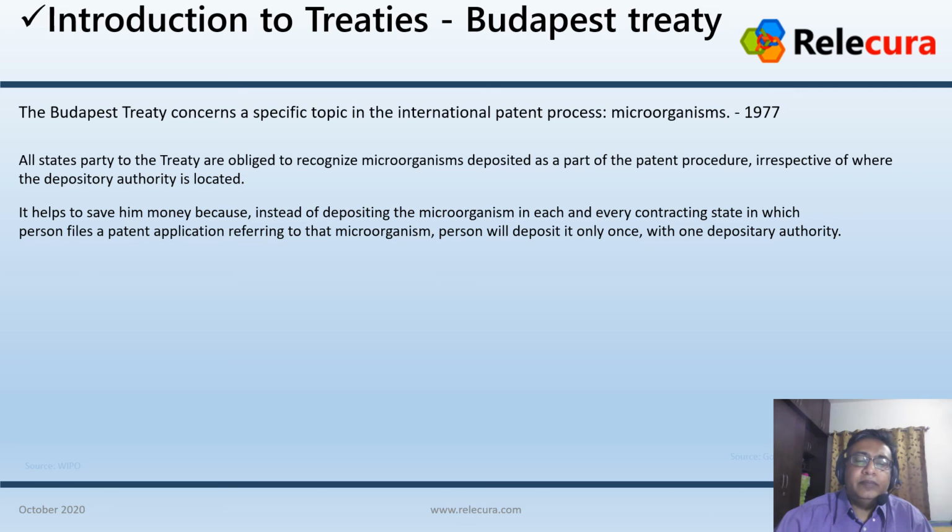It helps save money, because instead of depositing the microorganism in each and every contracting state in which the person files a patent referring to that microorganism, the person will deposit it only once with one depository authority, and it will be recognized by all other states. So this is a helpful treaty which helps inventors.